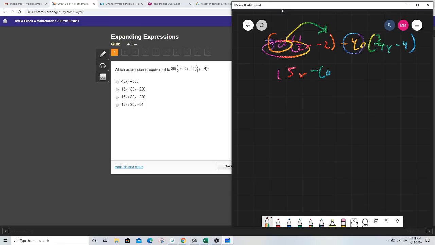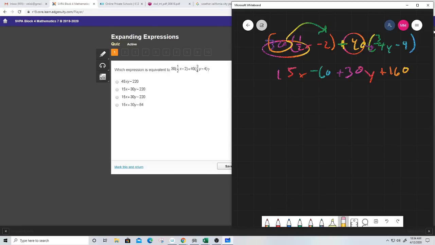Alright, what's 40 divided by 4, which is 10, and then what's 10 times 3? That would be 30y. And then what's a negative 40 times a negative 4? Well, that's a plus 160. Right? Except I messed up. This is a positive.